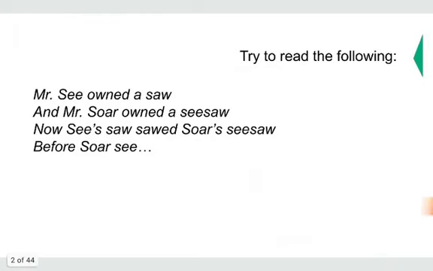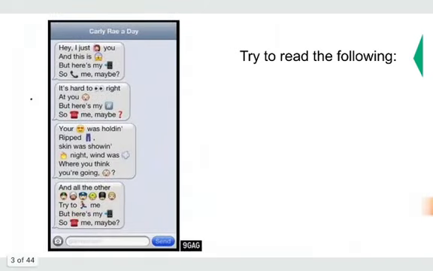So I'd like you to read this tongue twister. I'll give you a moment. Okay. So I assume after some difficulties, you were able to read it. How about this?